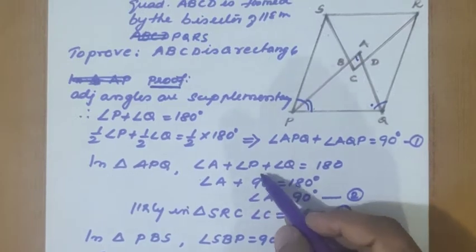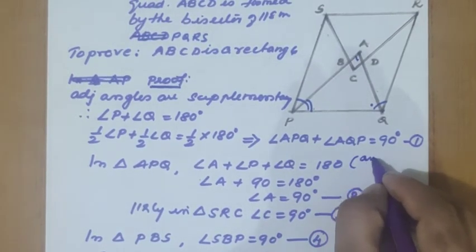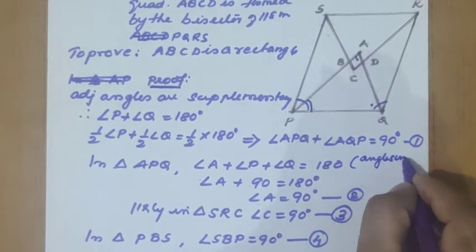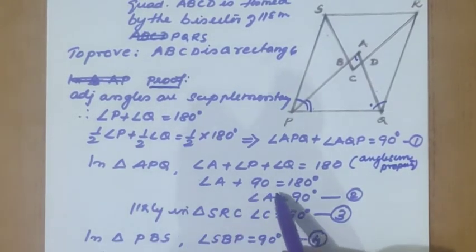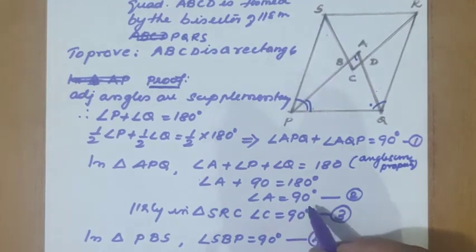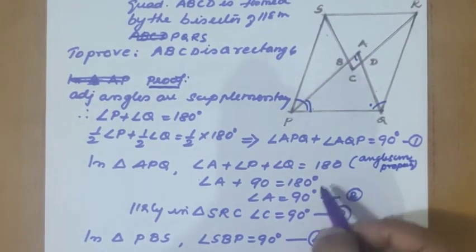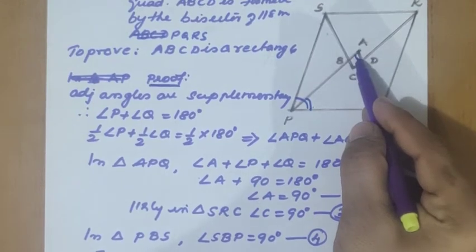So angle A plus angle P plus angle Q equals 180 degrees, by the angle sum property. Therefore, angle A equals 180 minus 90, that is, angle A equals 90 degrees.